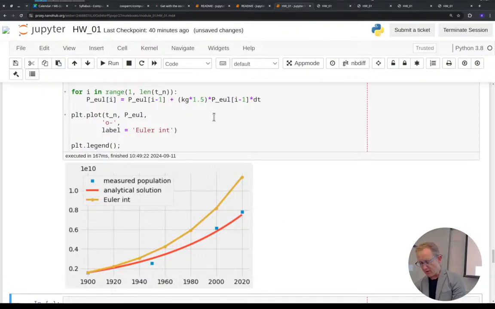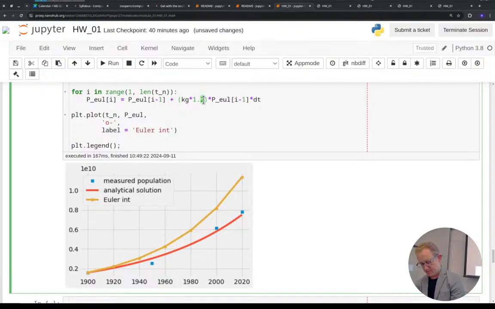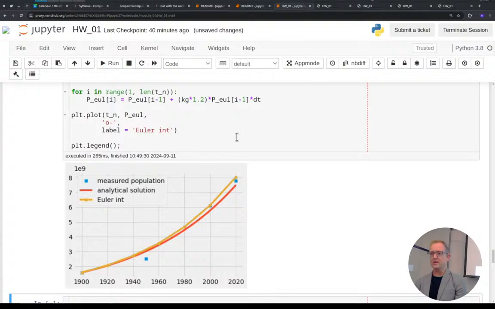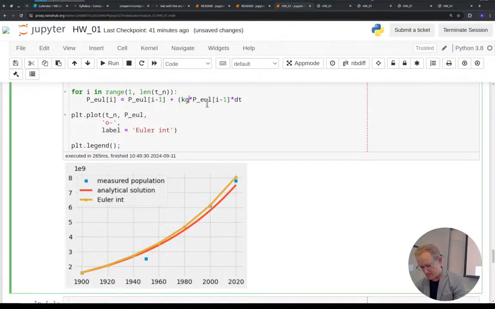There, I overdid it, but you could keep varying kg until it gets to the result that you want. But then that's not really showing that these two things are the same, right? Because that would mean that there's different growth rates depending on Euler integration versus exact analytical integration. But yeah, that would work. That's one way.